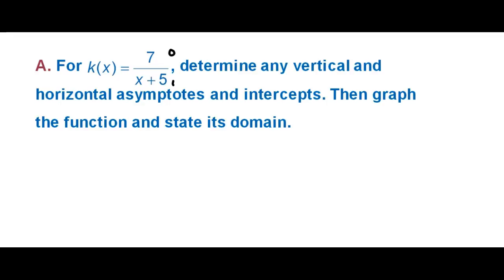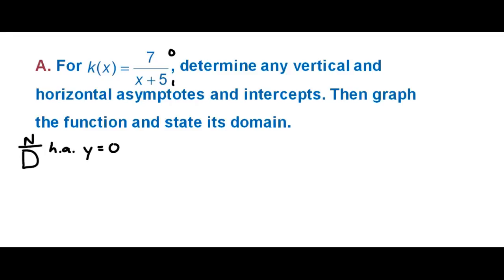Those rules I was referring to: if you have a degree in the numerator that is less than the degree in the denominator, such as what we have here, you're going to have a horizontal asymptote at y equals 0.